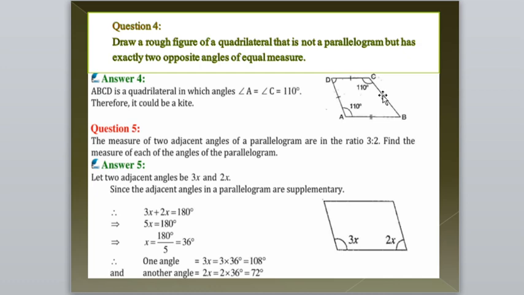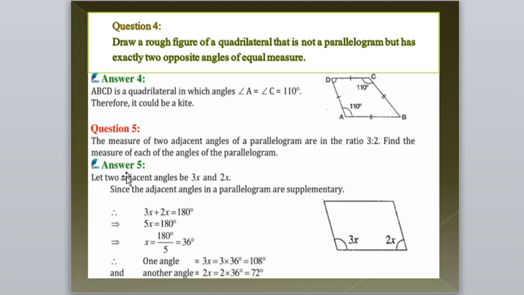But we know in a kite opposite angles are equal, and here if we consider angle A as 110 degree, then here also 110 degree only, because in a kite opposite angles are equal. So ABCD is a quadrilateral in which angle A equals to angle C equals to 110 degree, therefore it could be a kite. Then question number 5.